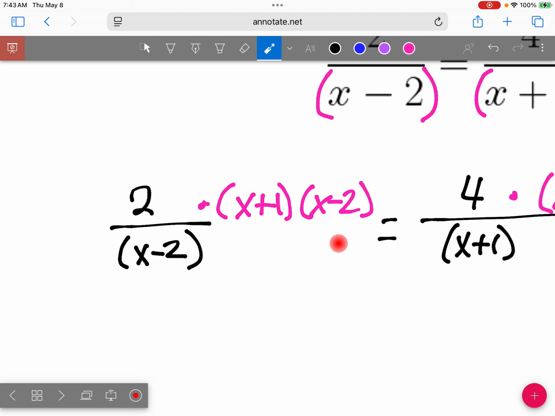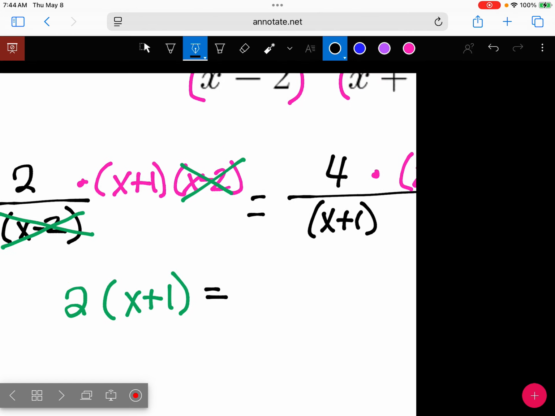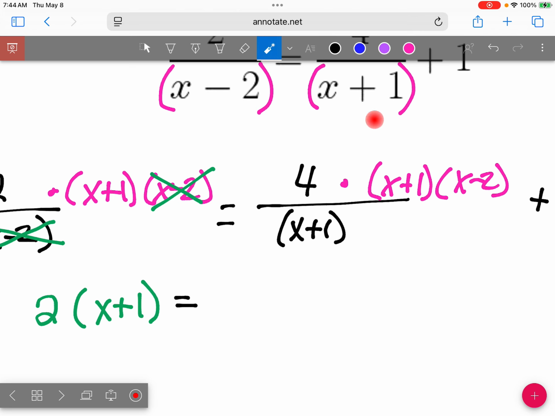Because on this piece over here, my denominator is going to cancel out. So my x minus 2 cancels out over here, and we're left with our 2 times x plus 1. Then we'll look at our middle guy here.